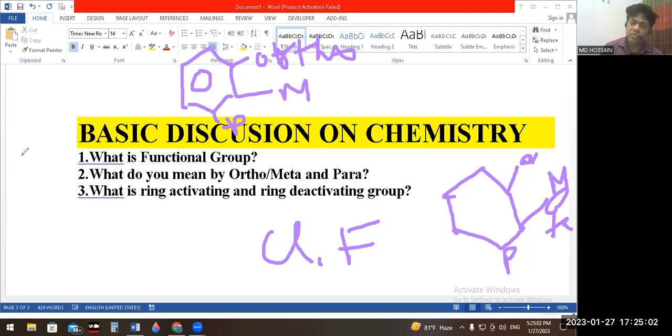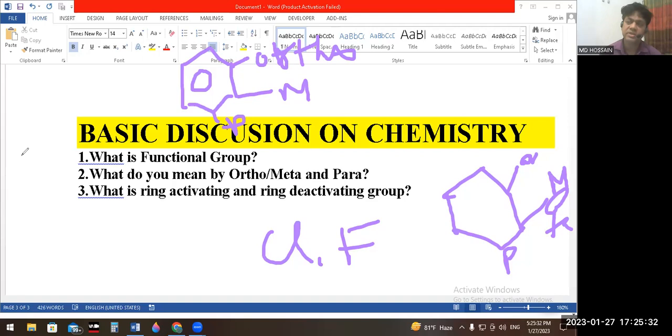All ortho and para position holders are electron donating groups, except halogens. They are highly electronegative, and they can attract the benzene electrons of the ring towards themselves. As a result, they are deactivating groups. The elements or species which are able to donate electrons to the benzene ring are known as ring activating groups or ring donating groups, which are connected with the benzene ring at the para and ortho positions.